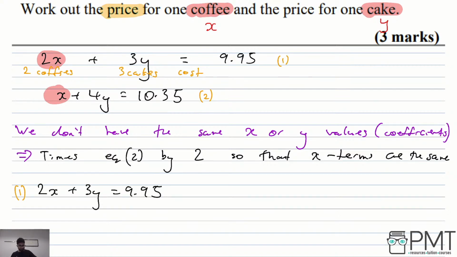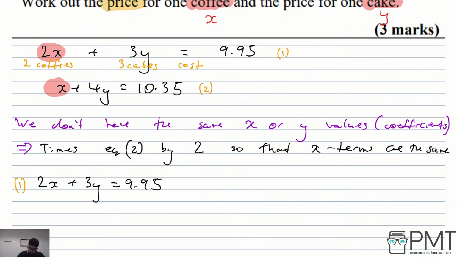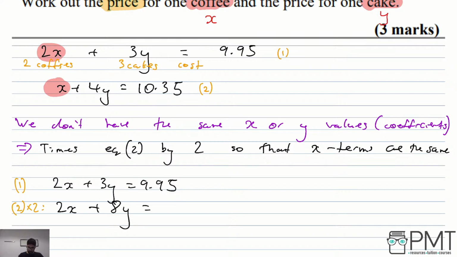What do I get when I multiply the second one? Has anyone done that? Let me know. Because I am getting the second one times 2. Let me move it a bit that way. We have got 2x plus 8y equals 20.75.